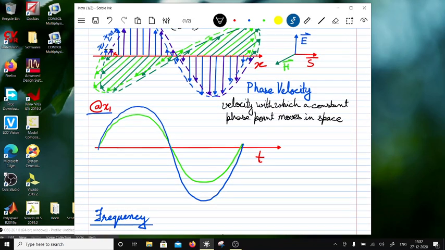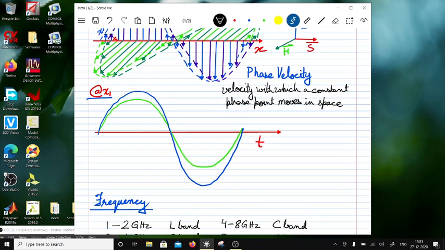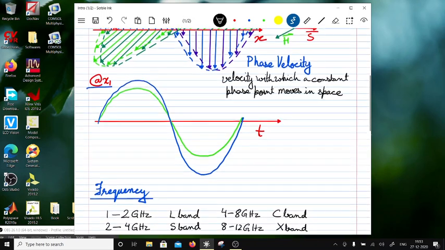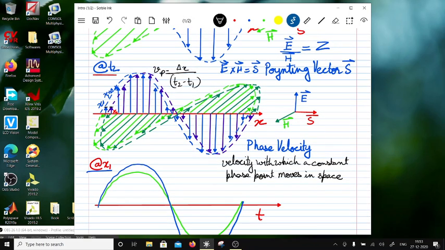Now if you consider one point x1, the oscillation over time would also be a sine wave, and E and H will be doing the same sine wave. So in time also they are going to look like a sine wave. If I pick any point in x, it goes to this amplitude, next time to a bigger amplitude, and then bigger still, so it is also a sine wave.